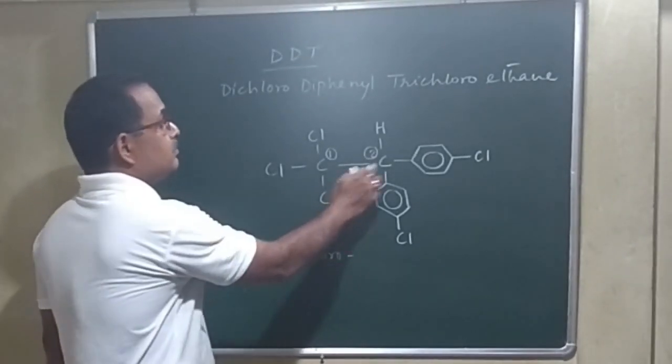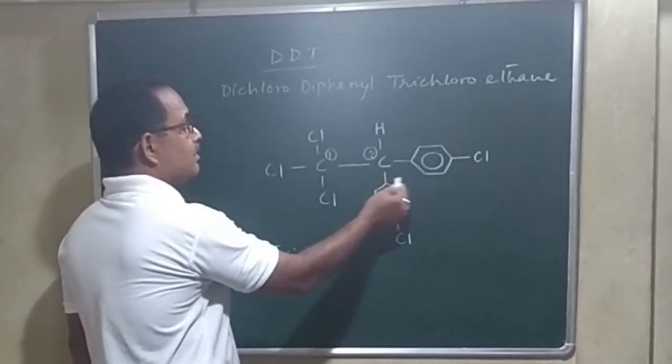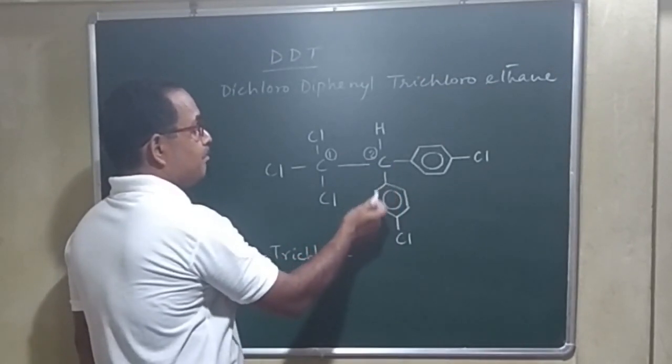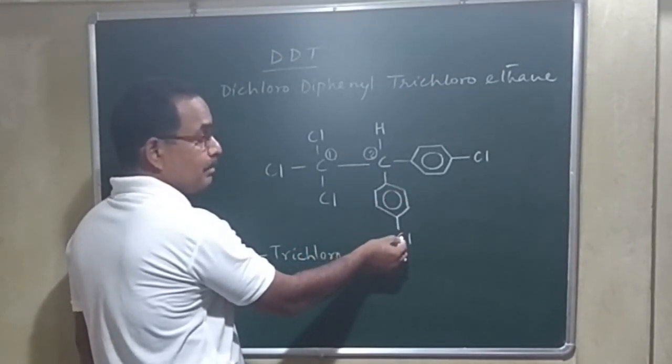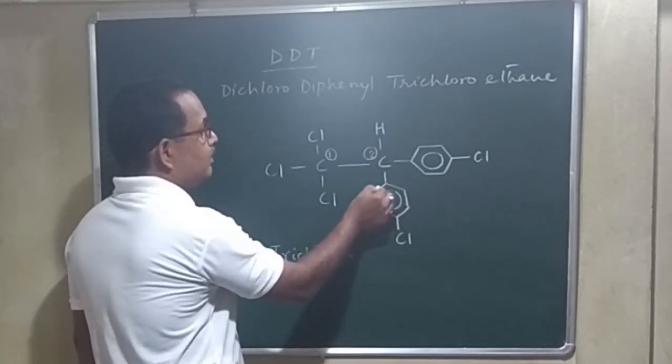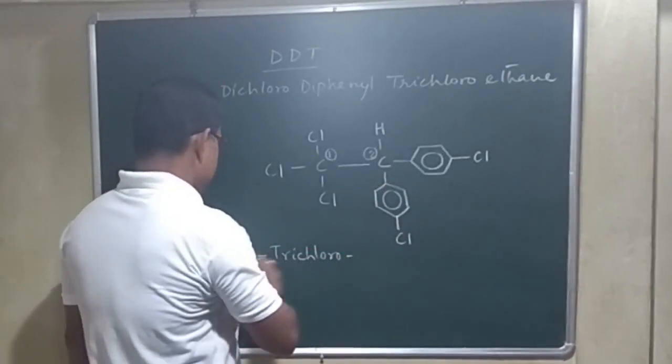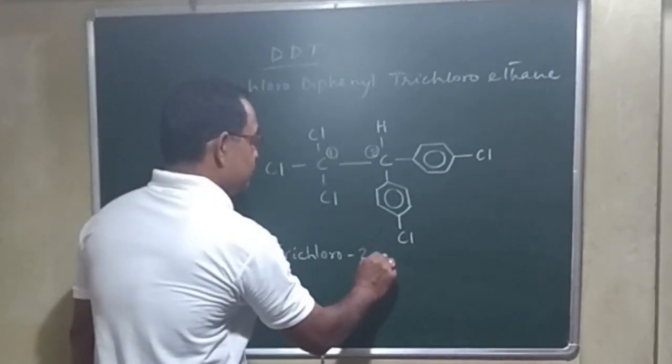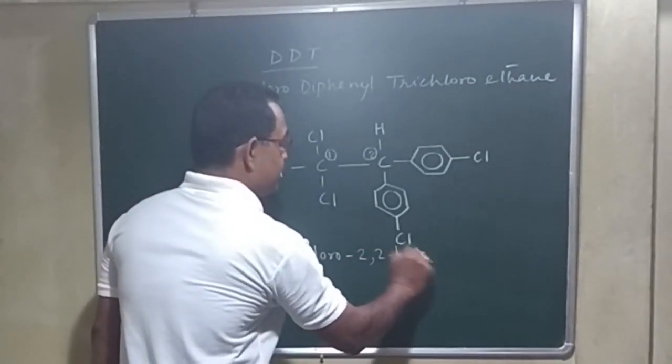Then at position 2 there are 2 groups. What group? Phenyl group with a chlorine at position 4. 1 2 3 4. 1 2 3 4. So 1 1 1 trichloro, 2 2 bis.